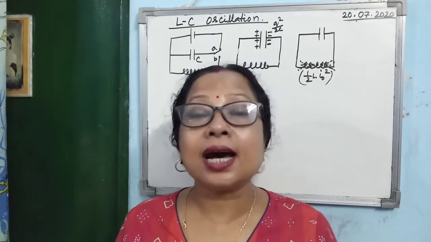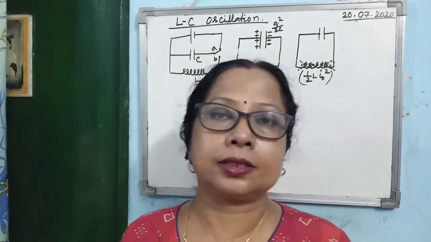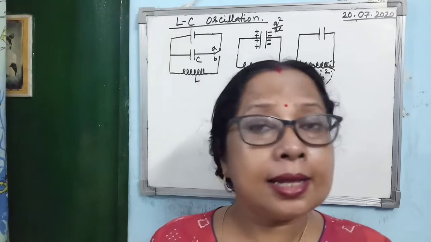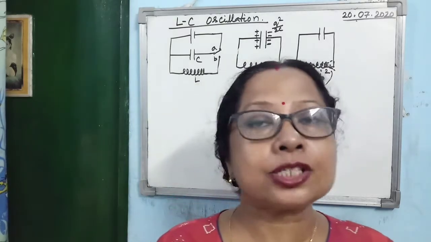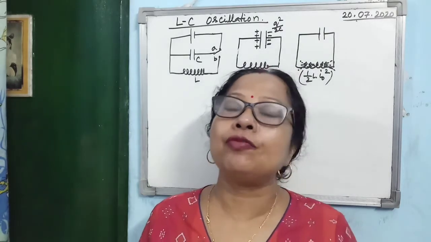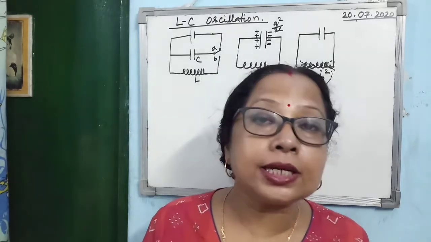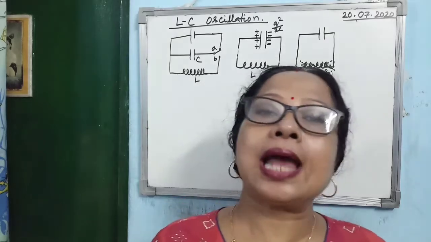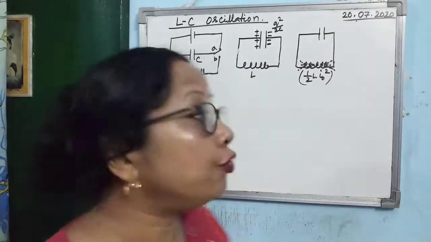So these are the basic two differences between a capacitor and an inductor. In a capacitor, when it is fully charged, the energy persists within the plates in the form of electrical energy, in the form of electric field. But in an inductor, when it is energized, the inductor will have magnetic energy in the form of magnetic field within it.